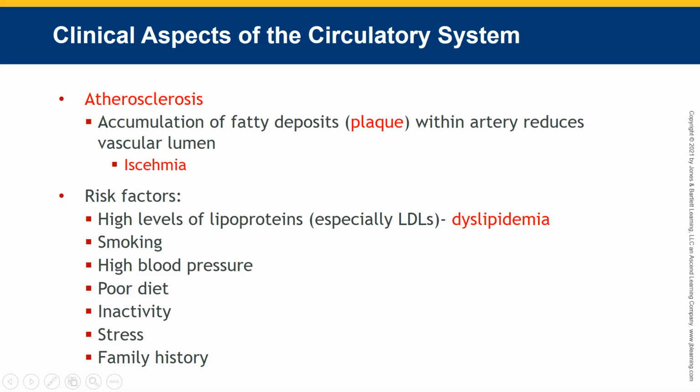What does that do? It reduces the lumen size. It makes it smaller. That means the heart has to work harder to push your blood around, but it also means that you can end up not being able to deliver enough blood to all the tissues in your body.